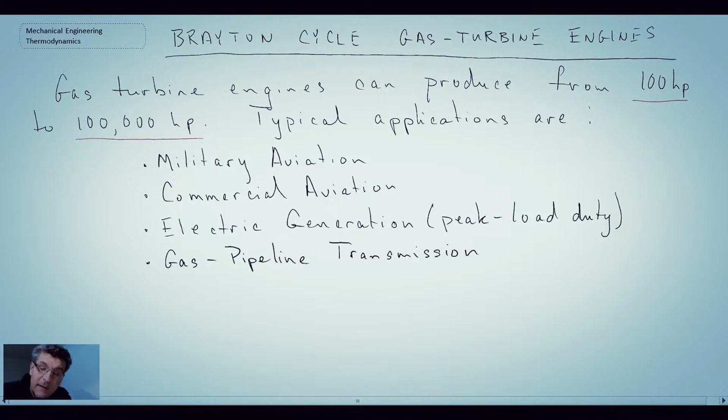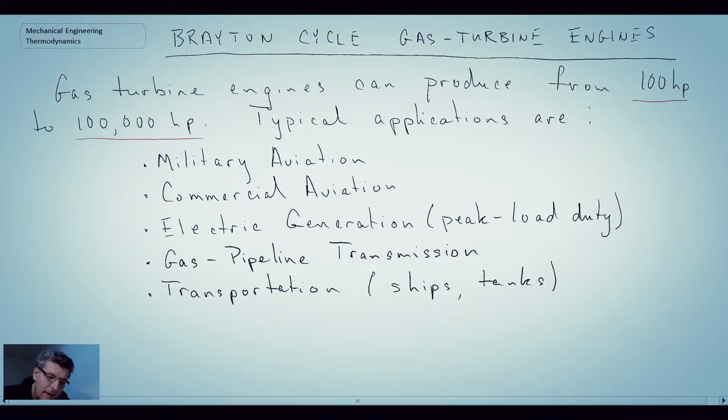That would be the same in other parts of the world as well, where you would have gas pipeline transmission. Other applications: transportation. We mentioned air transportation, but there is also water and land. Some ships use gas turbine engines, and some tanks also use gas turbine engines, military tanks. The last application is for generic industrial processes.